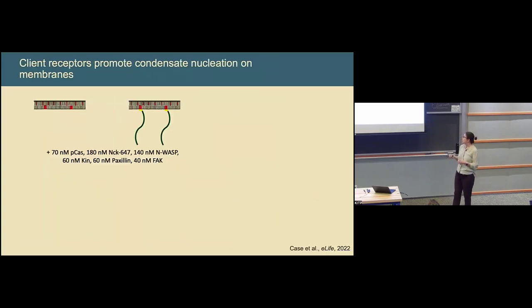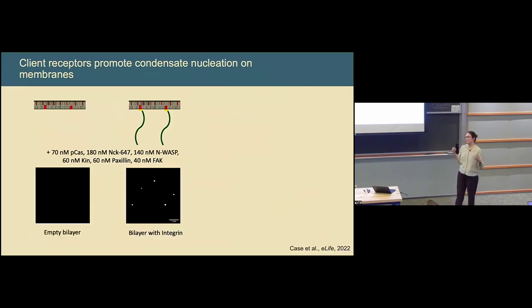And so to experimentally test this, we can make a bilayer that doesn't contain any receptor and compare that to a bilayer that has the receptor present. We add the cytosolic proteins and we ask what happens. Do we see condensate formation in both of these cases, or does having this client receptor present actually help favor phase separation?